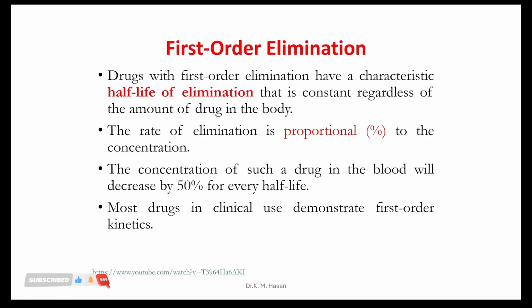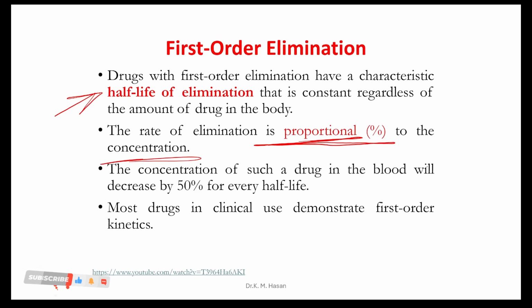Okay, speaking about pharmacokinetics, the next important concept for us is first order elimination. We already have the definition of half-life. Most of the medications follow first order elimination, which means that a proportion of the medication will be eliminated from our body every time.